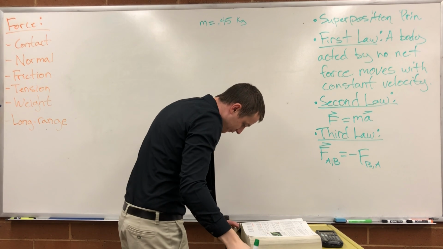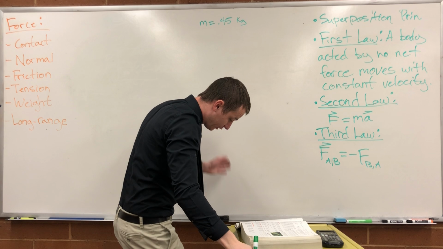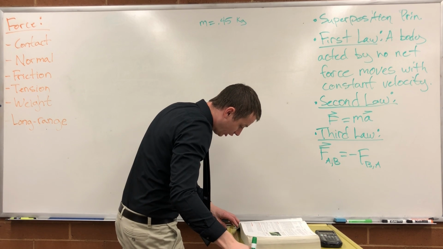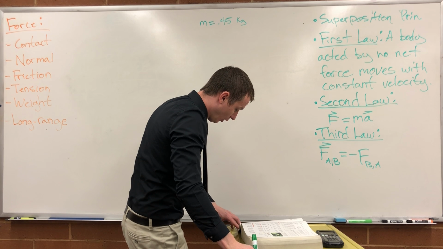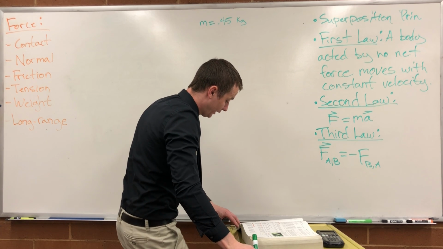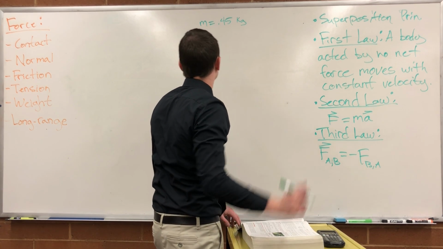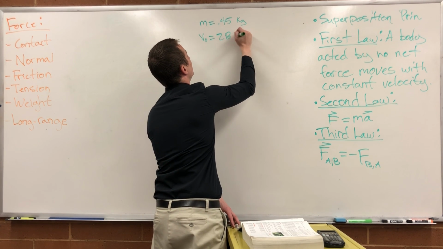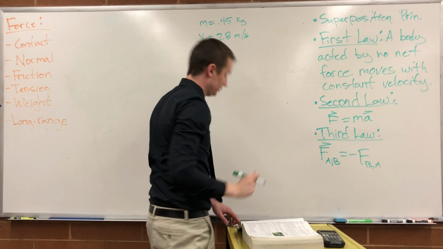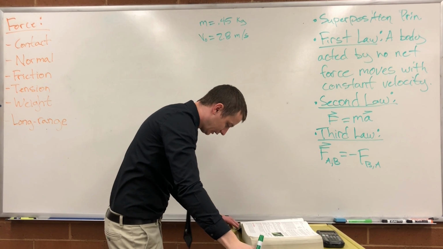She shoves it to her right along a smooth, level lunch counter, so I'm assuming no friction. The bottle leaves her hand at 2.8 meters per second. That's the initial velocity of the sliding.